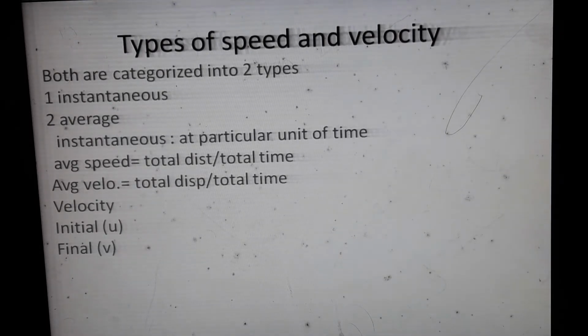It means that initially my car is starting with a speed of 20 km per hour, but after some time the velocity changes, it goes to 60, 80, or something else. So the initial is 20, then the final becomes 60 or 80. That is initial and final velocity.